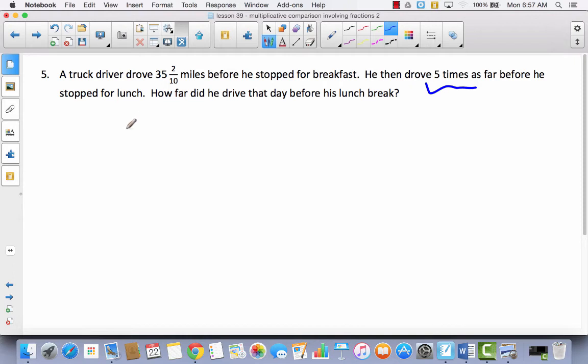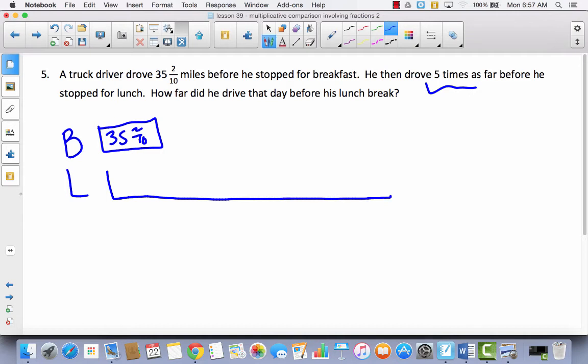So let's talk about before breakfast and then before lunch. Before breakfast, he drove 35 and 2/10 miles. And then it said before lunch, he drove 5 times as far. So we're going to have 35 and 2/10, 5 times. I'm going to go ahead and divide this into 5 parts.